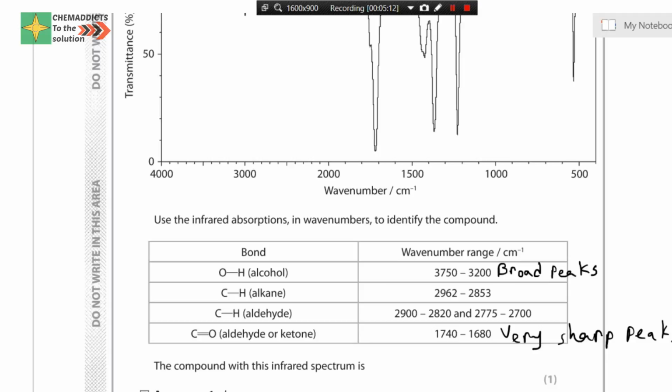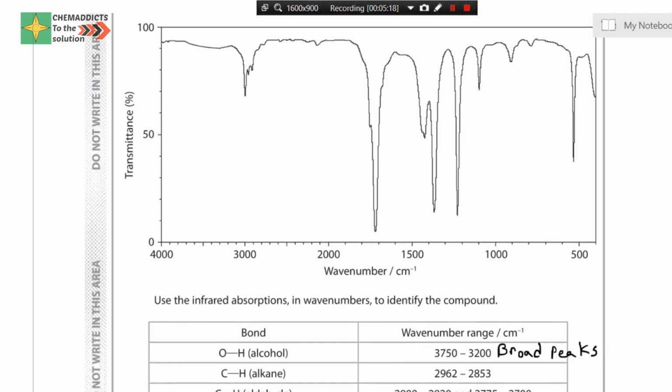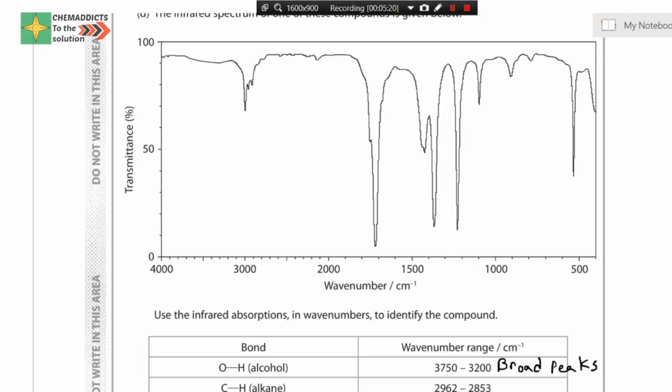So let us analyze the infrared spectroscopy given. As you can see, there are no broad peaks present over here, so this wouldn't be the spectroscopy for alcohol.